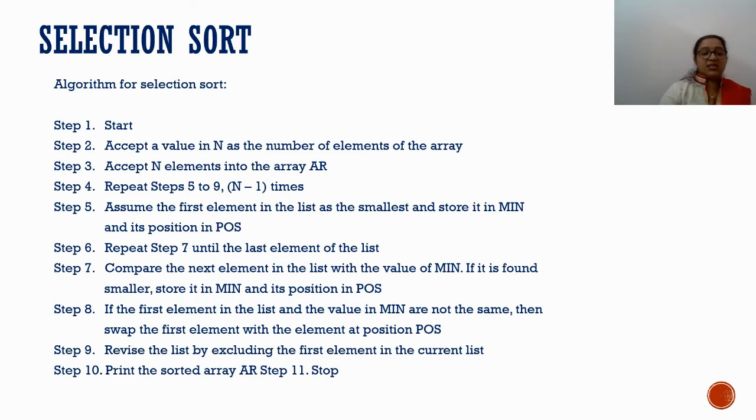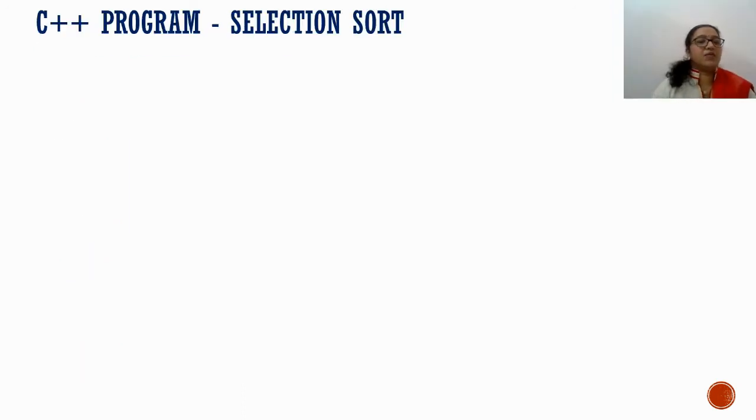Now we can check how to write it as a C++ program for solving this sorting. First, int main, the program begins here. Now the array and the variables are declared. So AR with a maximum size of 25 we put. N, I, J, min and POS are the variables used.